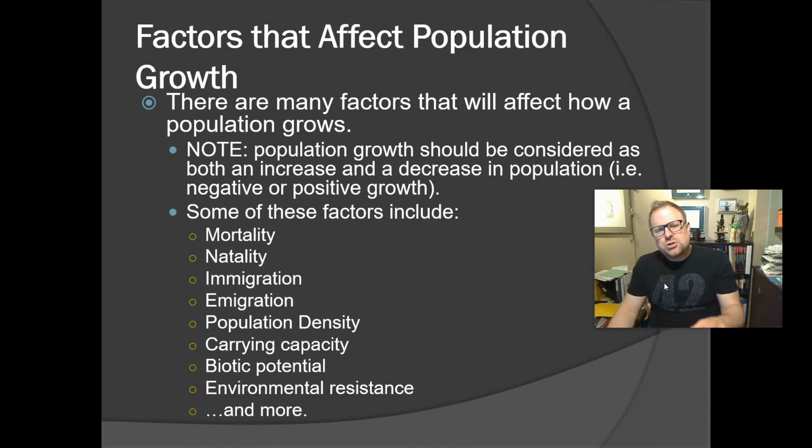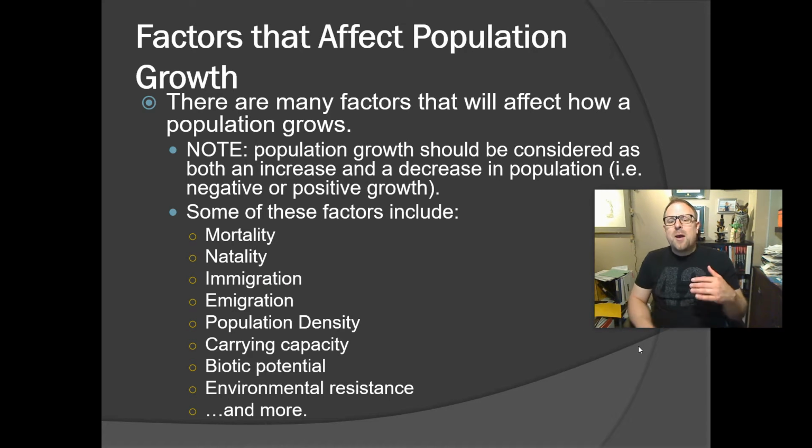Remember, a population is organisms of the same species occupying a given area at a given time. And remember that those species must be able to interbreed with no interesting side effects that might arise from that. So there are many factors that affect how a population grows. And population growth should be considered as both an increase or a decrease.